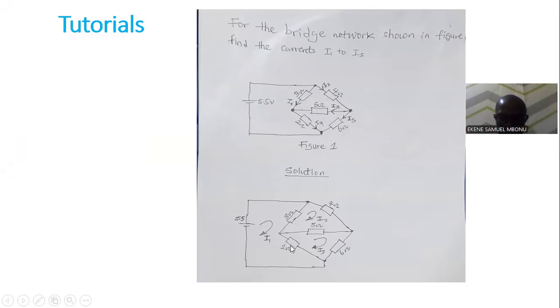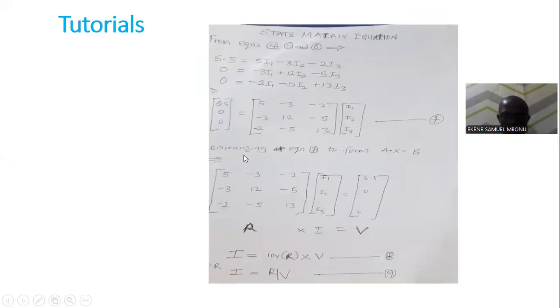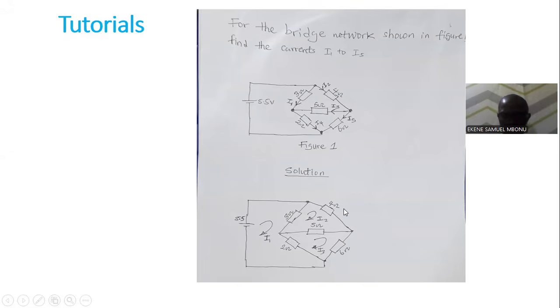And the current passing through the 2 ohm resistor will be I1 minus I3. The current through the 6 ohm resistor will be I3.